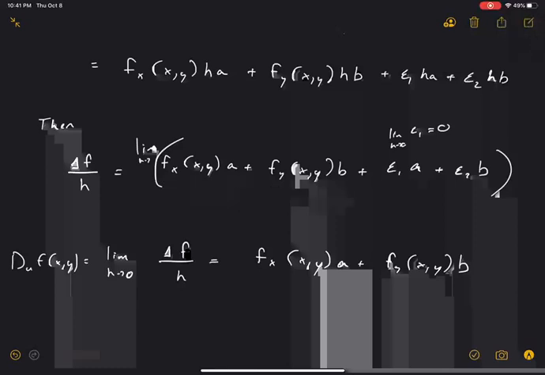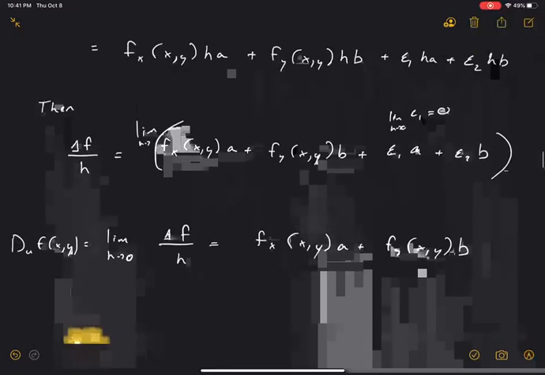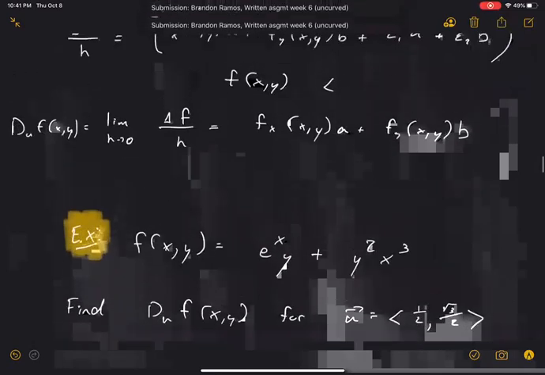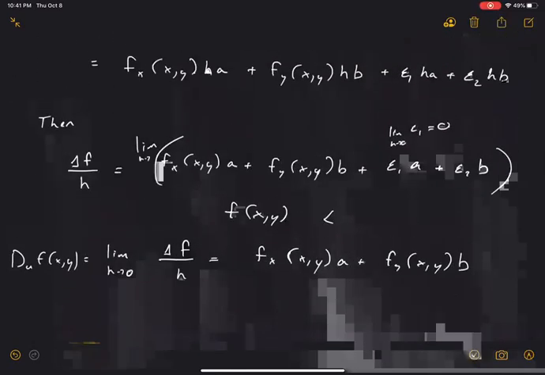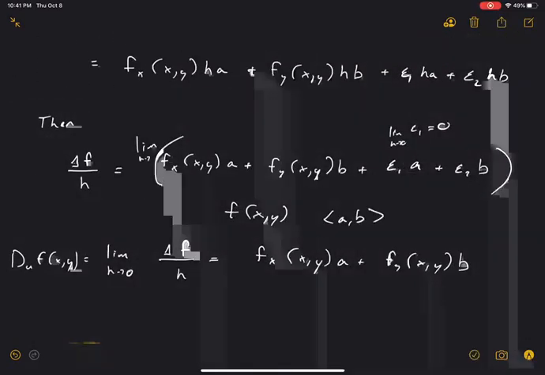So it turns out our directional derivative, let's say I have a function f of x, y, at the point x, y, and I want to find the derivative in the direction a, b. Okay.